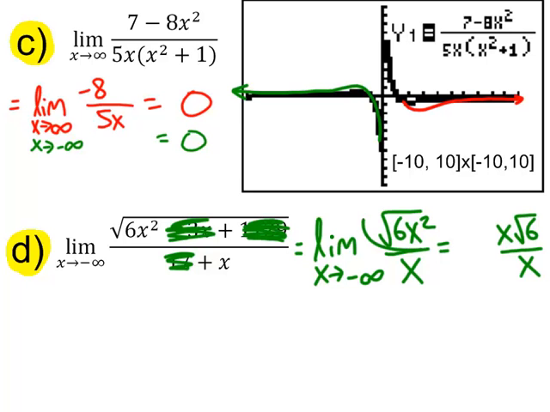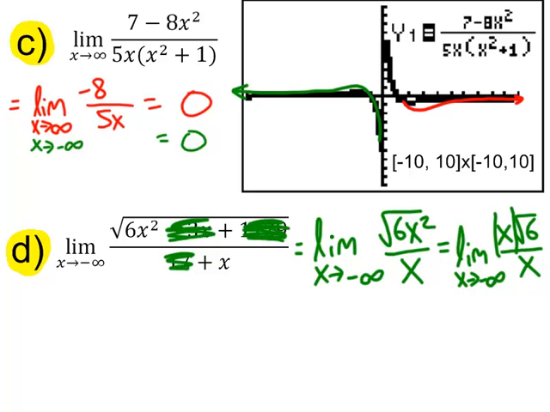And remember, square roots, well, first of all, let me back up. 6x squared, whether x is positive or negative, is going to be a positive number. And then when I square root it, I'm only going to take the positive root, what's called the principal root. So keep in mind that just bringing this x out to the front seems to violate that rule. And what we might do to fix it is to put some absolute value bars around it, and that would be more legit. So we'll put the limit there.